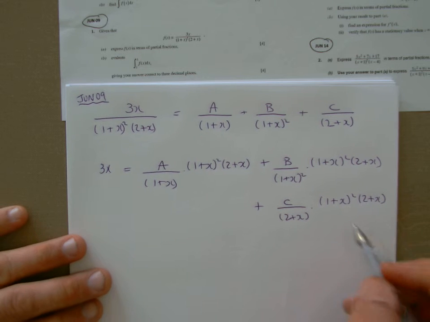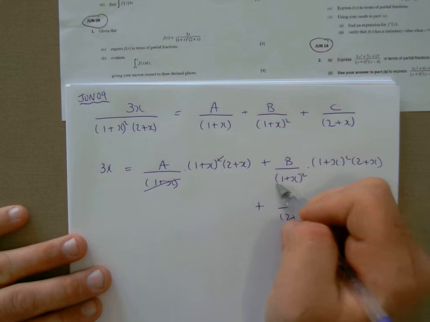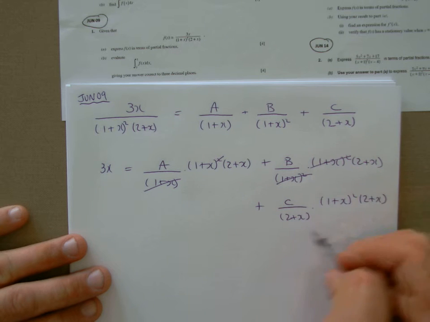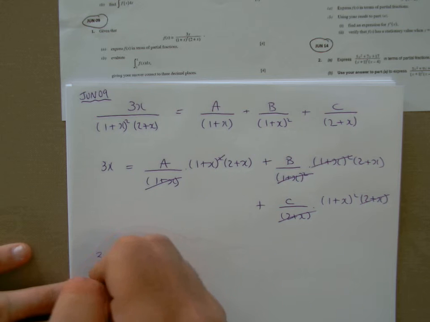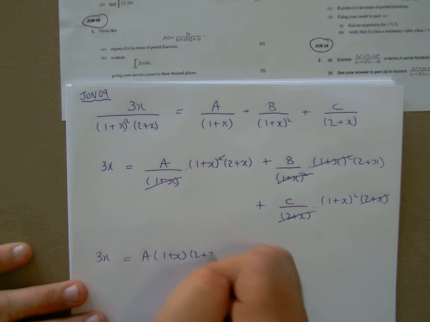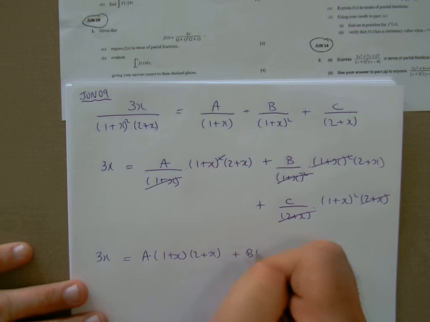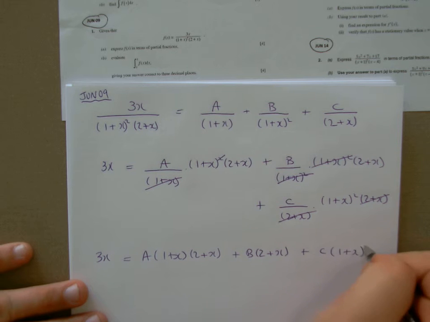So the 1 plus x's will cancel with that square there, the 1 plus x squared will cancel with that 1 plus x squared, and the 2 plus x will cancel with that there. So I'm left with 3x equals A bracket 1 plus x, 2 plus x, plus B, 2 plus x, plus C, 1 plus x all squared.